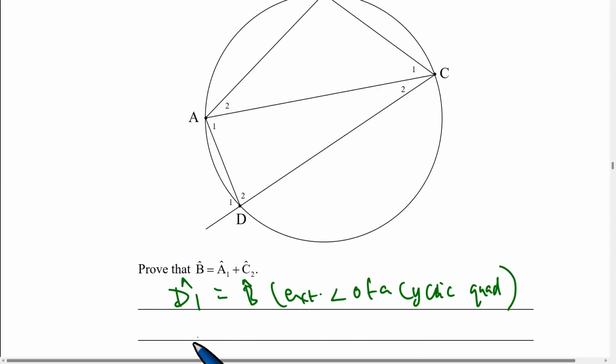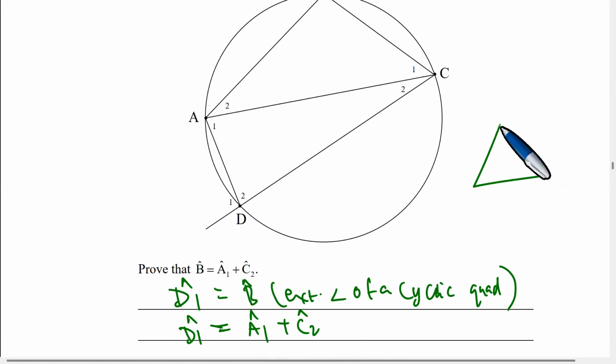So we have that angle D1 is actually angle A1 plus C2. We did this in grade 10, looking at an angle here being the sum of those angles that are sitting there. So this is the exterior angle of a triangle, which means angle D1 is A1 plus C2.